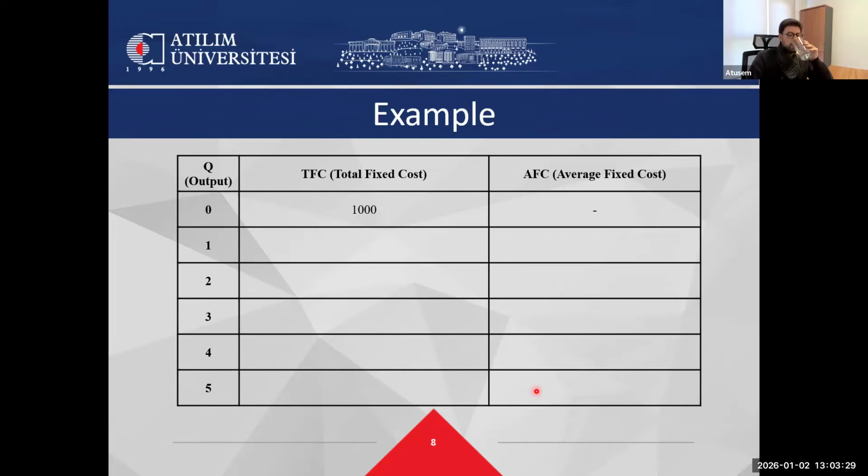Okay, let's make an example. I said total fixed cost is a fixed cost. It cannot depend on the level of output. So for that question, when quantity is 0, total fixed cost is 1000. That means it is the same in all rows.